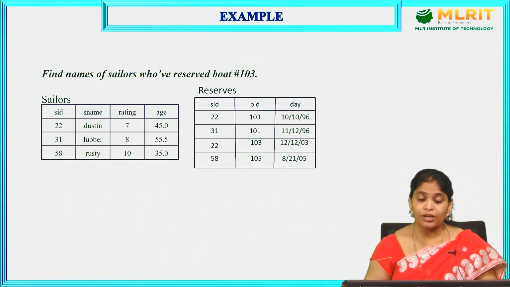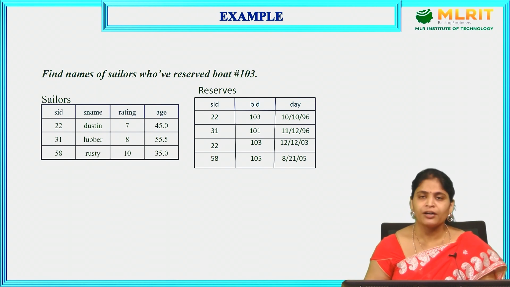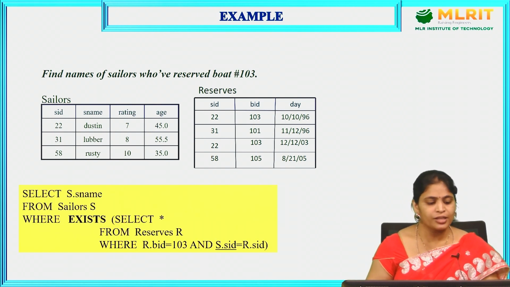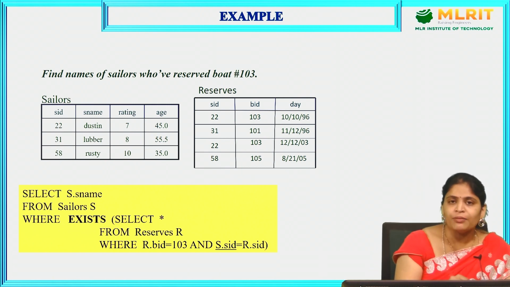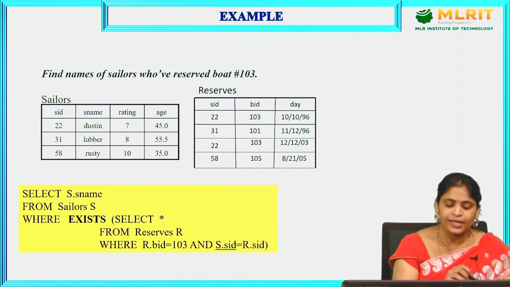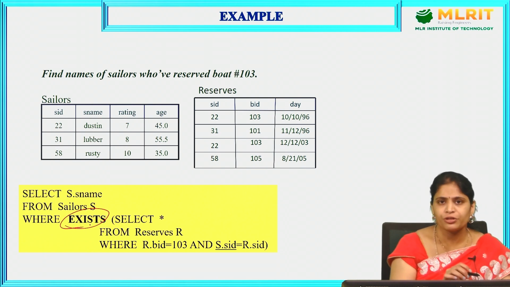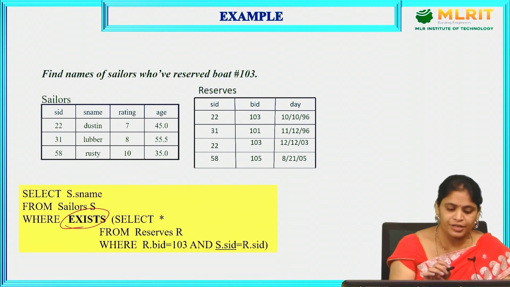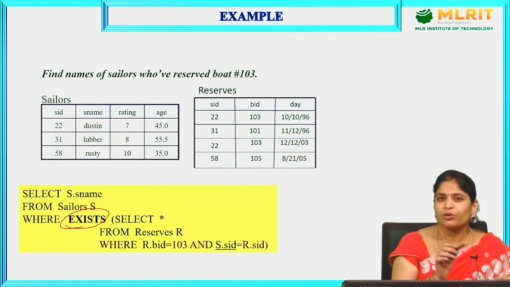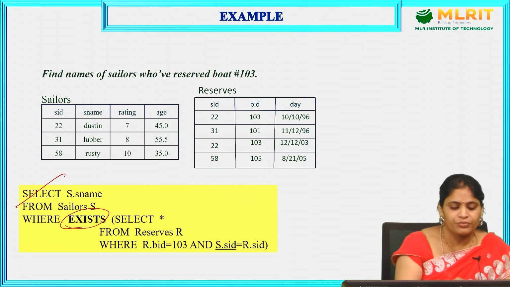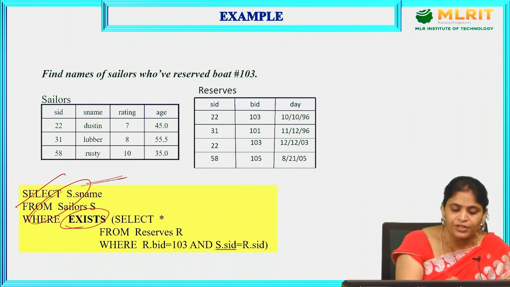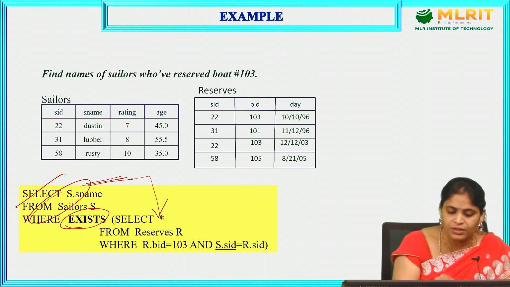If I want to represent this in nested query format, then what is my representation? Here comes the help of the EXISTS operator, which we use to represent nested queries or correlated nested queries. So what is the difference between correlation and nested? Correlated nested queries execute the outer query first, and each and every row of this query is compared with the inner query.